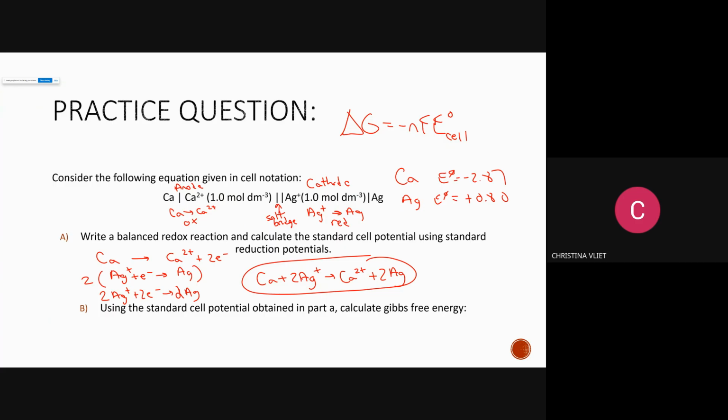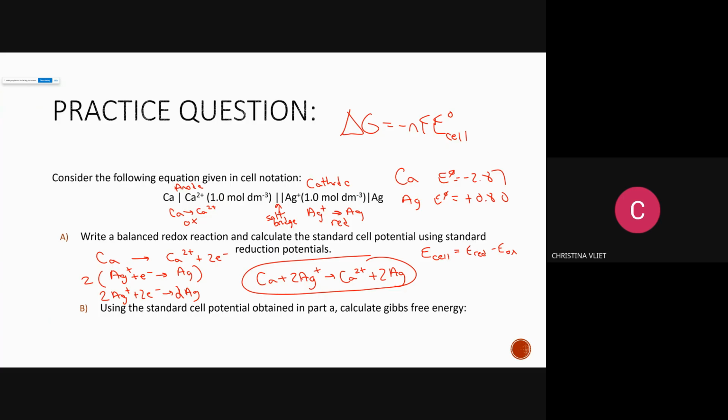What's the way to do it? How do we calculate the E cell? E red minus E ox. Which of these is the reduced one? They tell you the reduced one is the cathode, which is the silver, right?